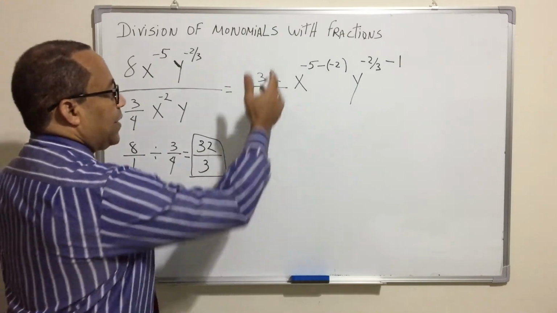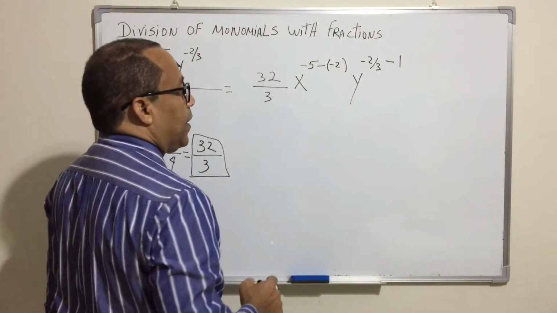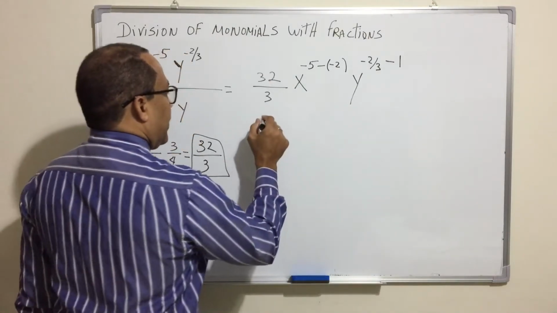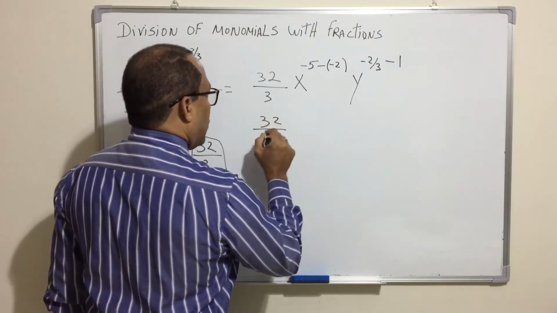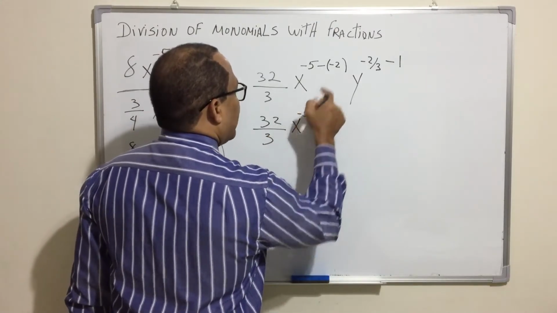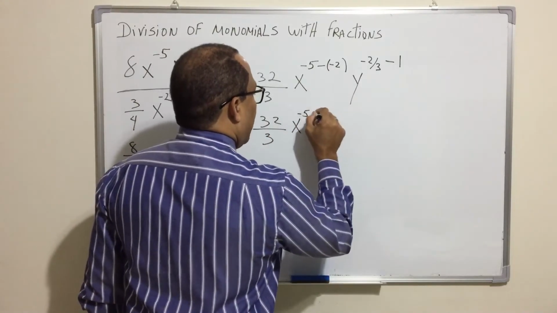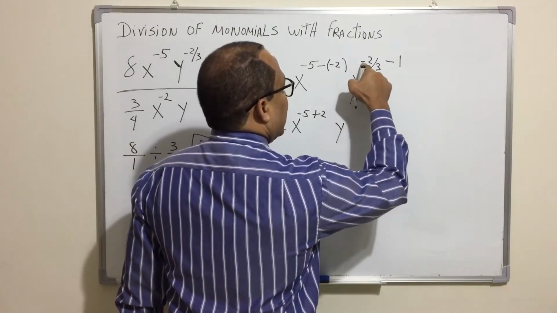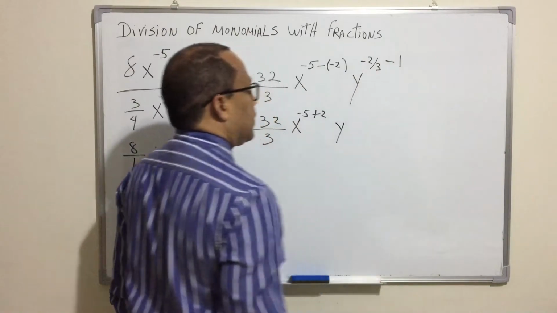And now let's solve the operations in the exponents. This is 32 over 3, x to the negative 5, negative times negative, positive 2, y to the negative 2/3 minus 1.